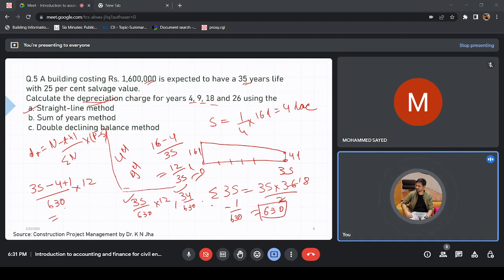So this gives you a value of around 60.95 thousand, and from straight line we saw that it was 12 by 35, that is 34.28 thousand constant. So initially you can see that our sum of years method gives us more depreciation than straight line. But let's check for 26 what is happening.